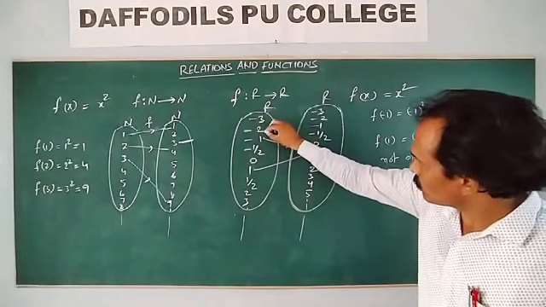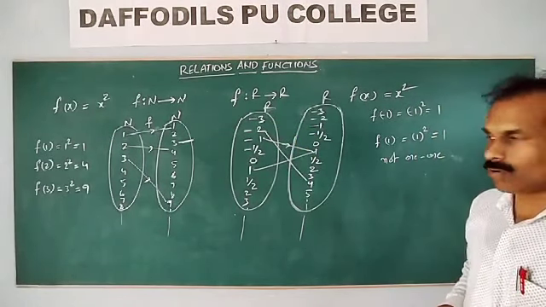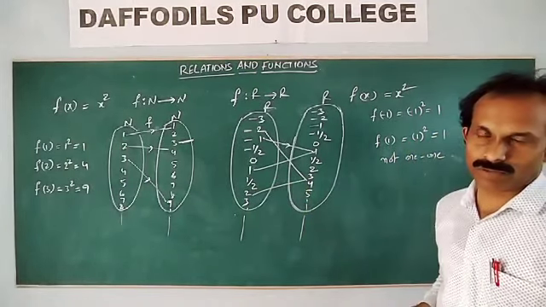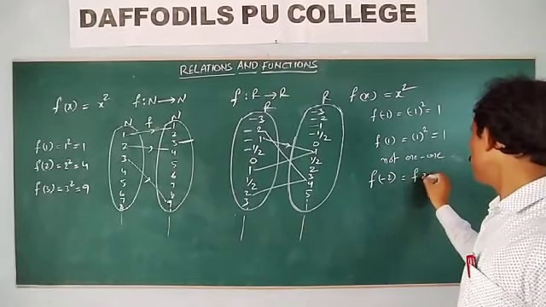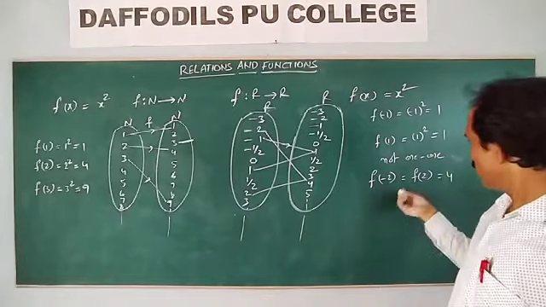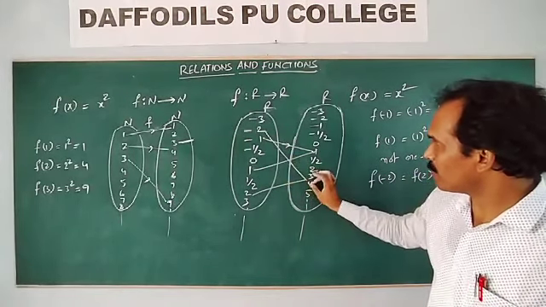Take -2 and 2: f of -2 and f of 2, the value is equal to 4. So clearly it is not one-one. Different elements have the same image.